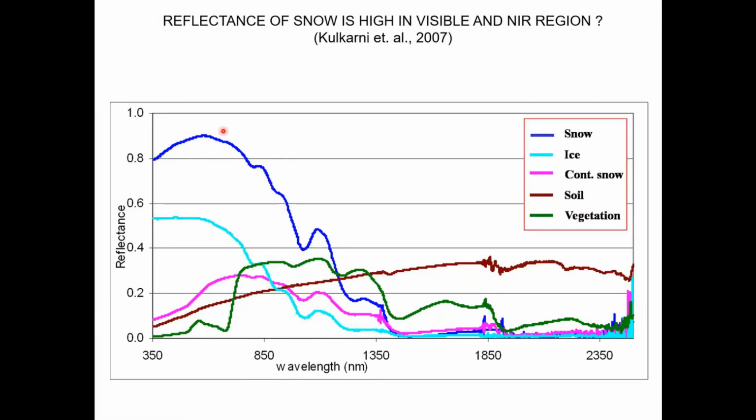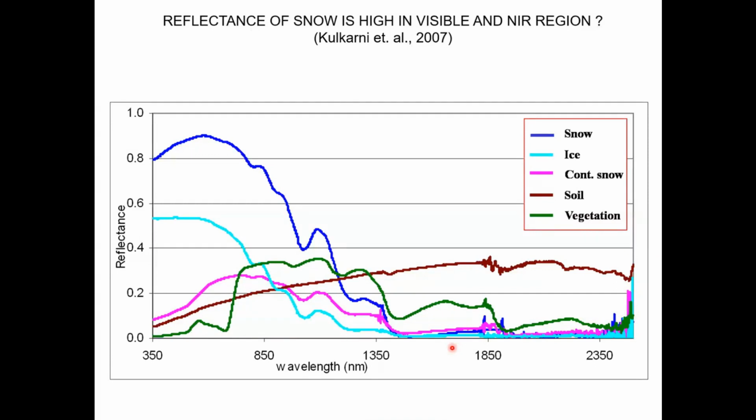And when it comes to the shortwave infrared region, that means 1500 to 1700, 1550 to 1750 nanometers, snow has very low reflectance. So this is by any means a very unique characteristic, a very unique reflectance.